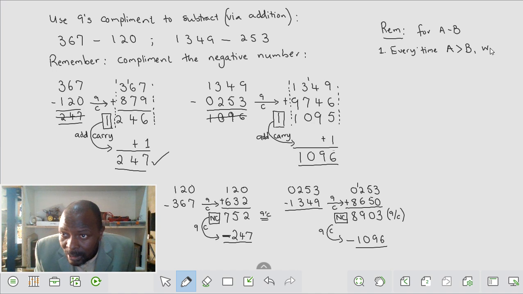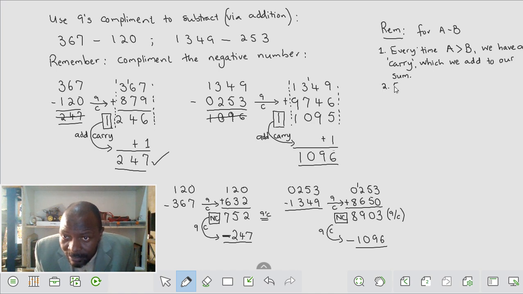We have a carry. So the carry flag will be raised. We have a carry which we add to our sum. Okay.